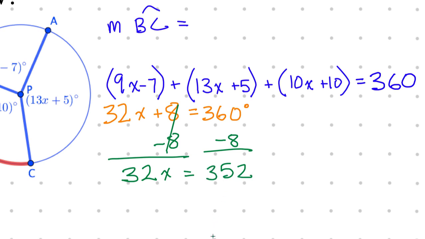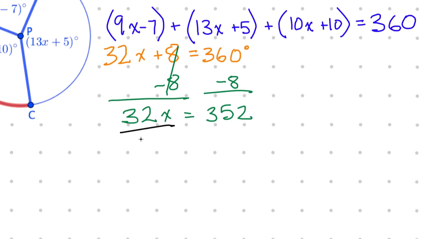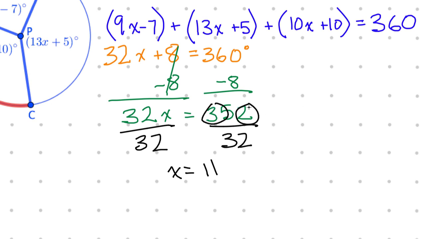All right, and then finally, last step. Do you know what 352 divided by 32 is? 11. It is indeed 11. As a hint, if I add these two numbers and they add to the middle, that means it is divisible by 11. X is equal to 11.